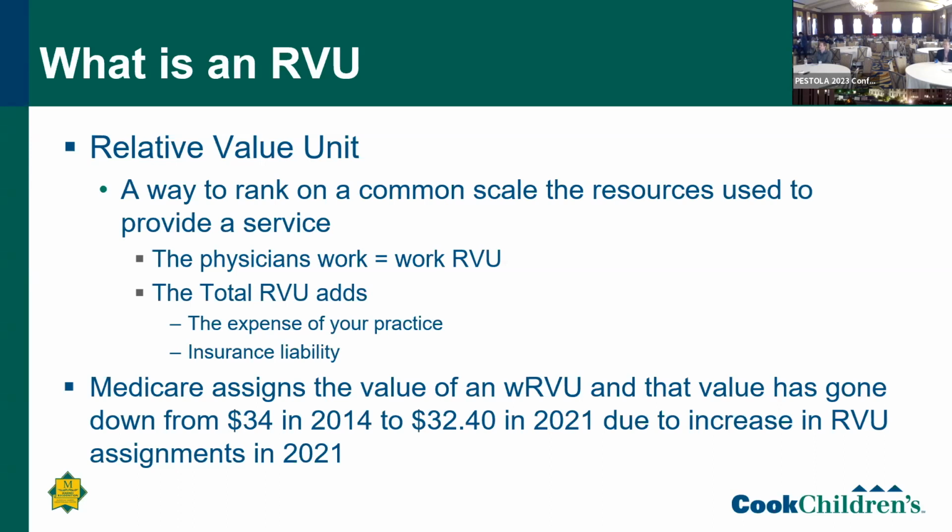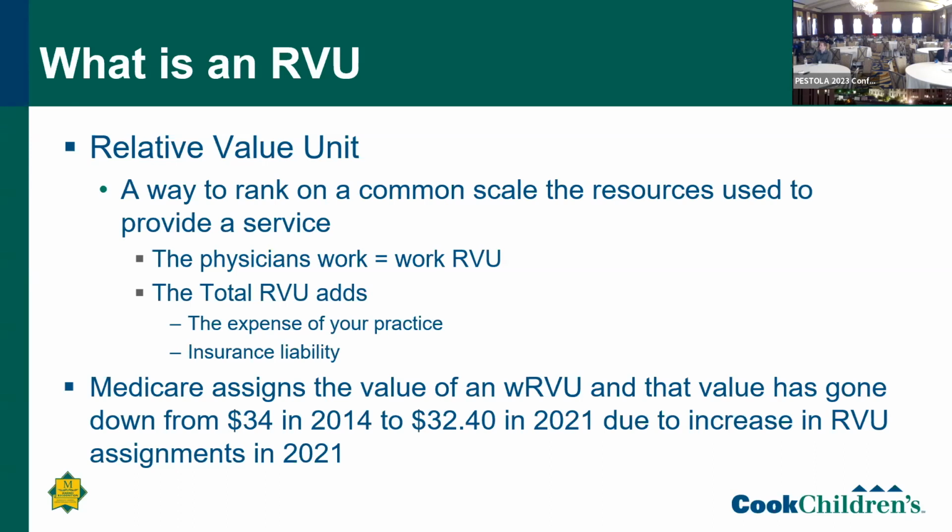So RVUs are made up of two parts. There's the total RVU, and then there's the work RVU. The work RVU is the amount of work that's assigned for the physician to do the job. And the total RVU adds in a component that talks about the expense of the practice and paying for your insurance liability.